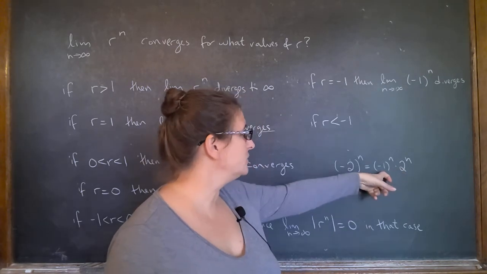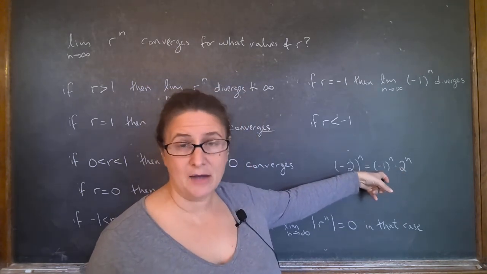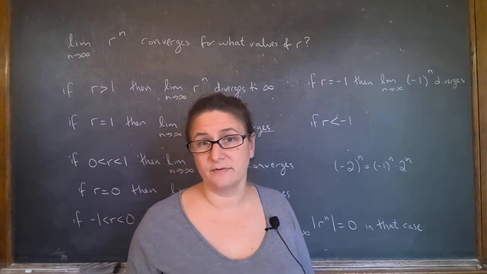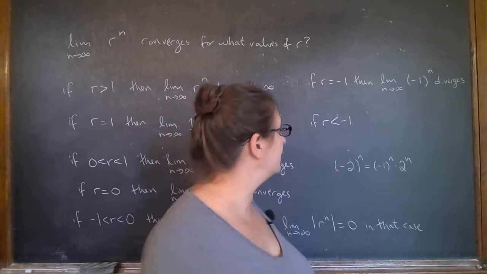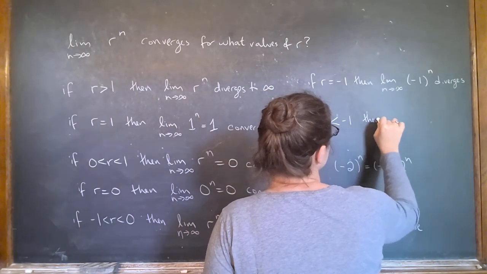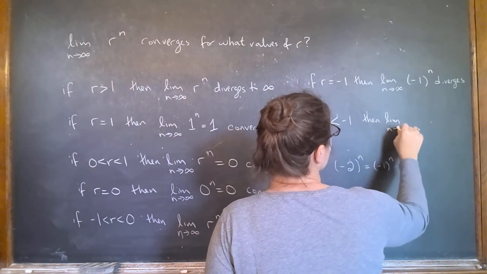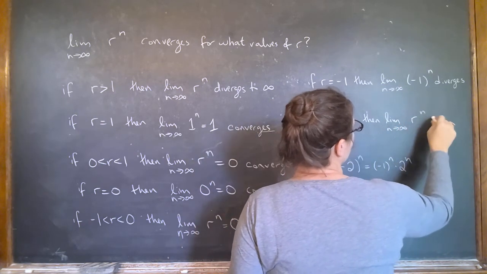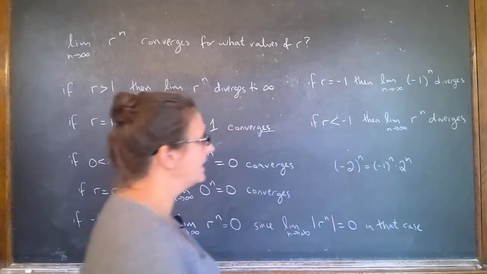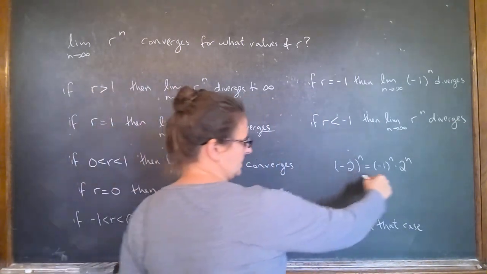So what I'm doing here is, yes, I'm bouncing back and forth, but I'm bouncing back and forth between negative and positive infinity. So that's really bad. So I could just say, then the limit as n goes to infinity of r to the n diverges. Okay. And I can do that basically by showing something like this.